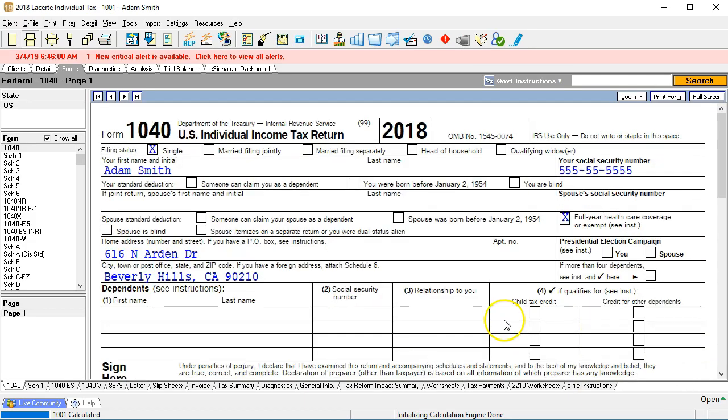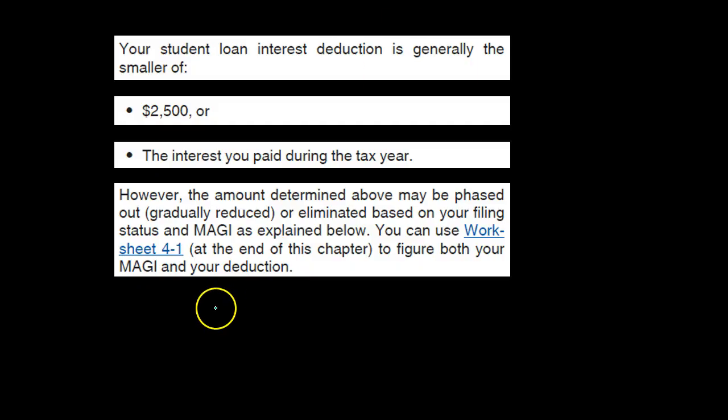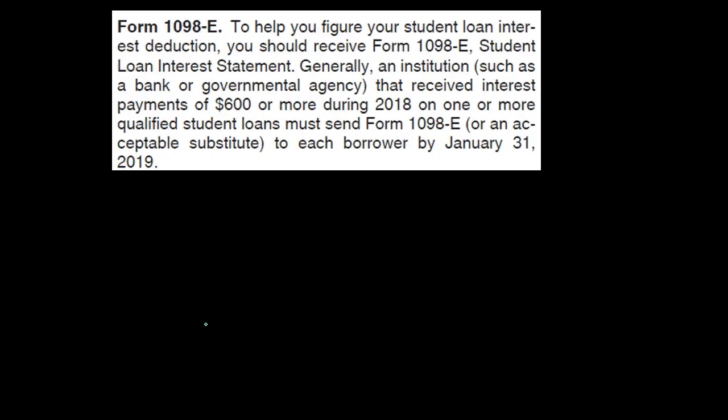So if we take a look at a test 1040, if we consider the adjusted gross income, in this case, it would be on line 7. But there's going to be a modification. Modified adjusted gross income means we're going to modify it for something specific to this particular item, the interest deduction. Back to the text. As explained below, you can use worksheet 4.1 at the end of the chapter to figure both your modified adjusted gross income and your deduction.